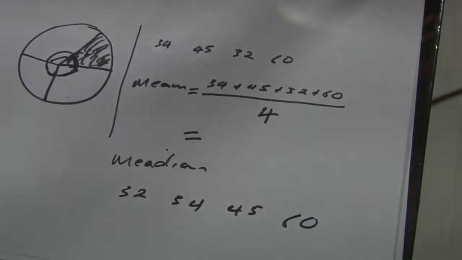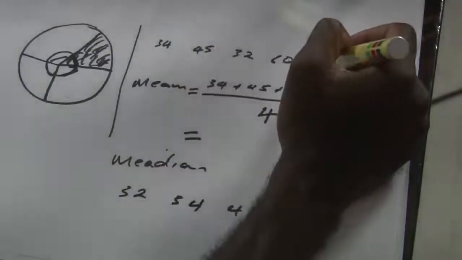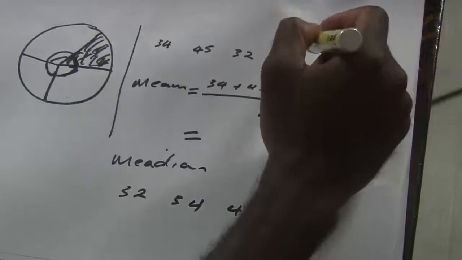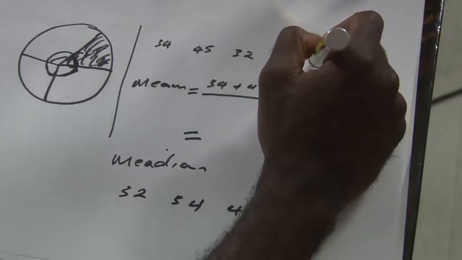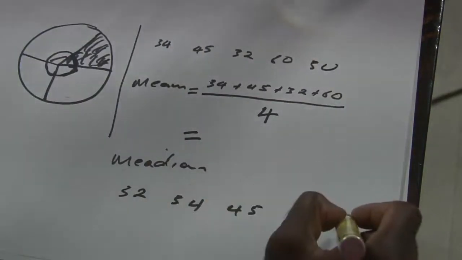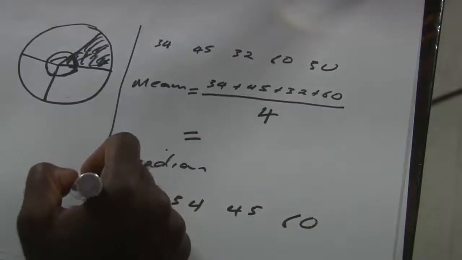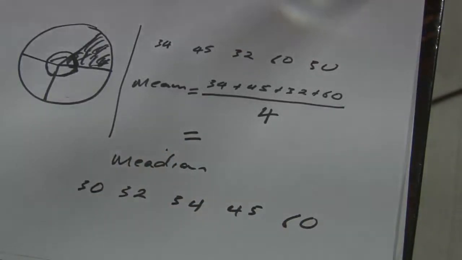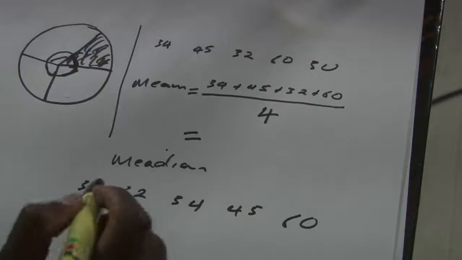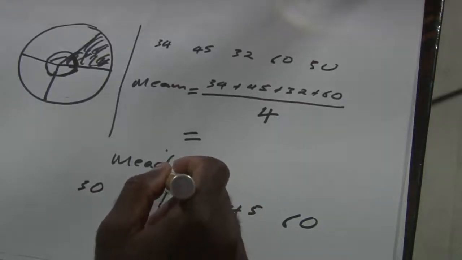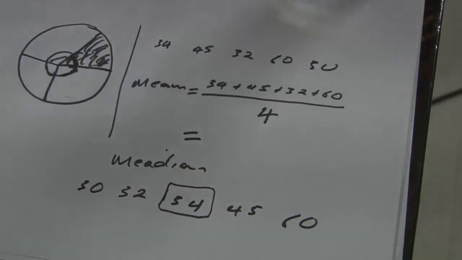Now, if the number of data points is odd, for example, suppose we add another one, say 30, then that would be simple, because the 30 will be at the start and we consider the middle number, which in our case is 34.